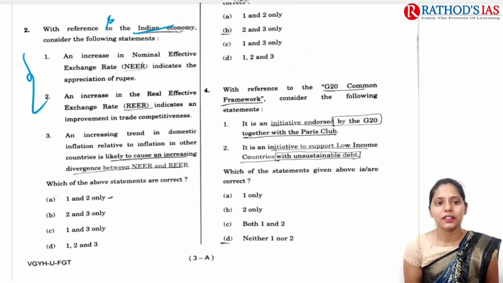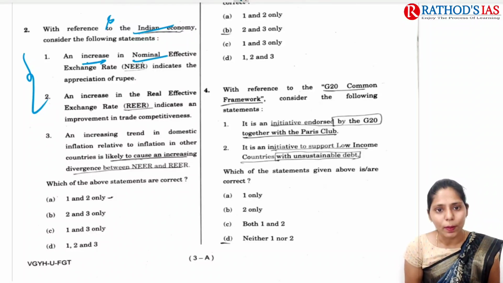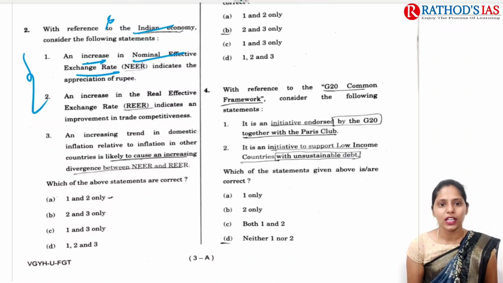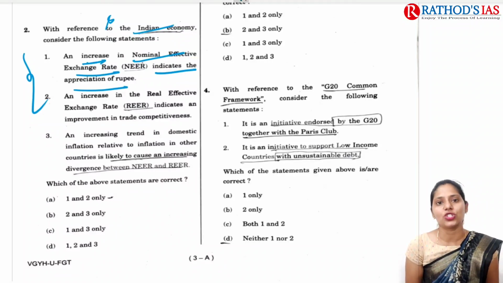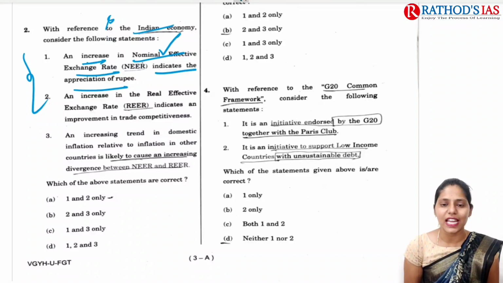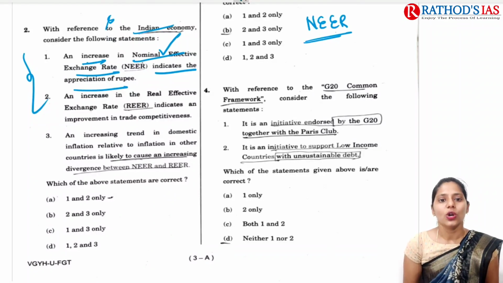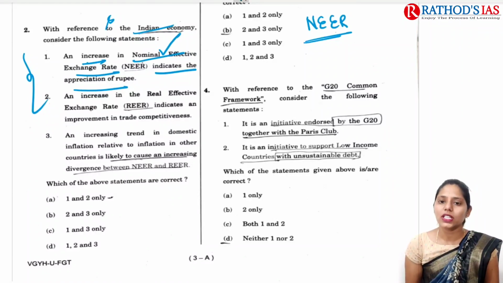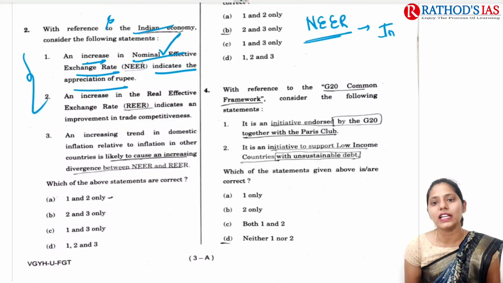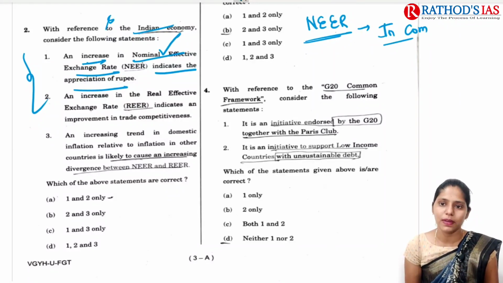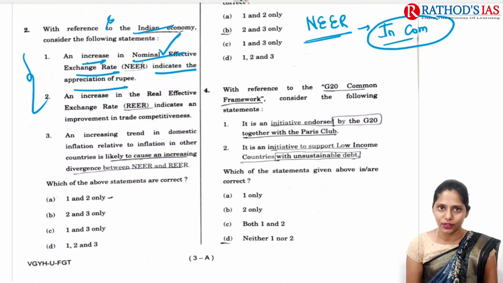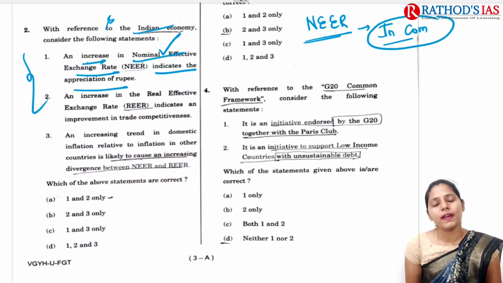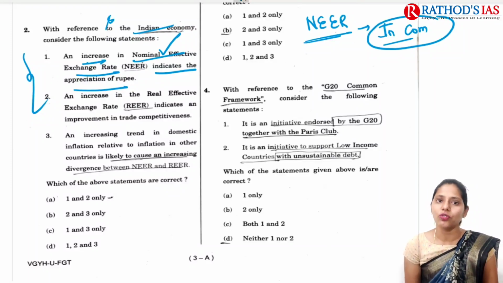The first statement here is: an increase in nominal effective exchange rate indicates the appreciation of the rupee. To understand this, you have to know the basic concept of what NEER is. It is about the country's international competitiveness, and it is mainly talking about foreign exchange, or forex.